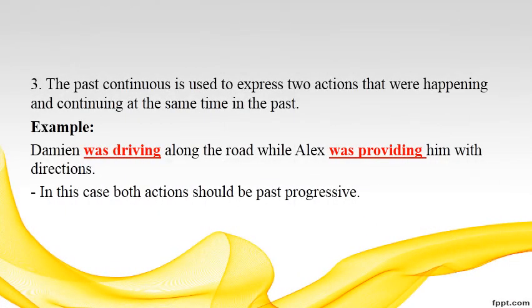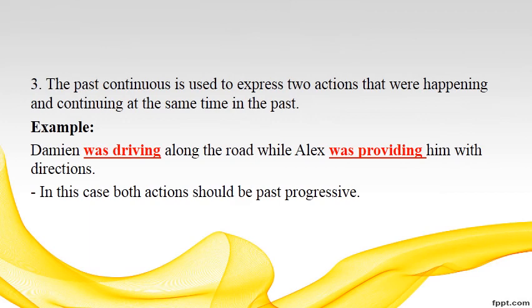The last case is that the past continuous tense is used to express two actions that were happening and continuing at the same time in the past. In this case, we don't know which action happened first and which one happened second, because no one would interrupt the other one. Both of them would happen and continue together in the past, and in such a case, both actions would be in the past continuous tense.